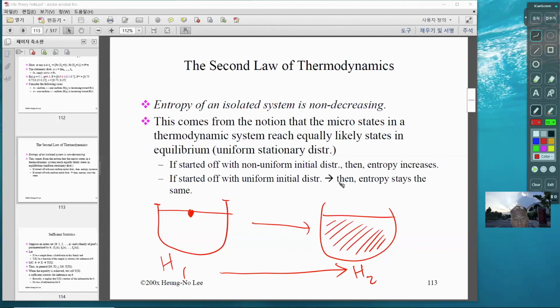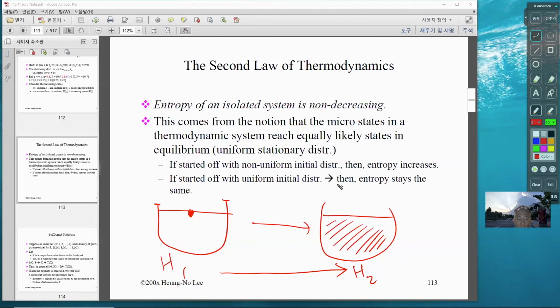But in our case, in the information theory case, as we have seen previously, you can design a system whose entropy increases or decreases. It all depends on your initial distribution and the stationary distribution.